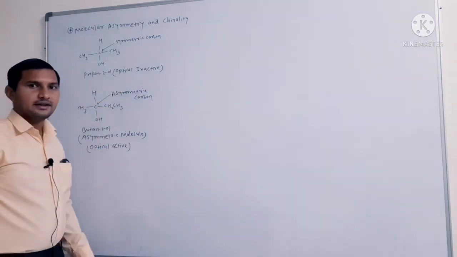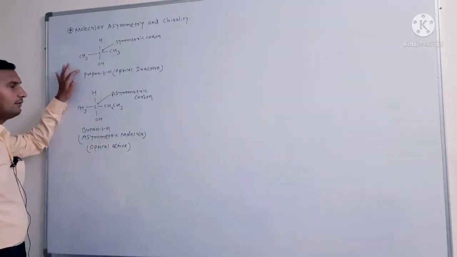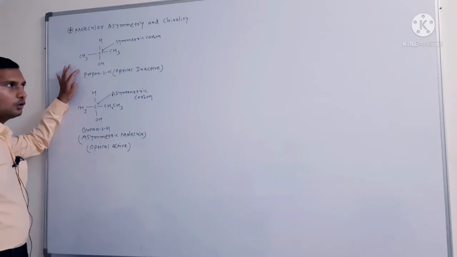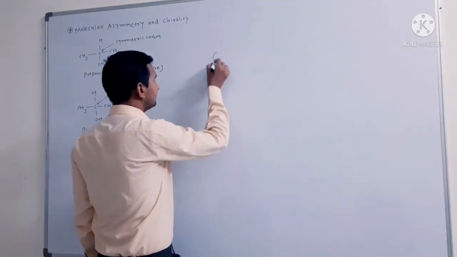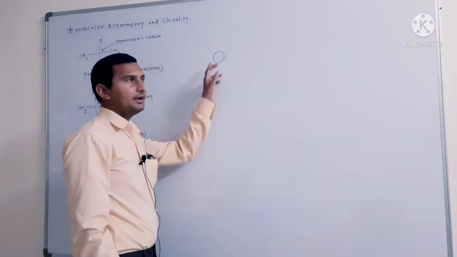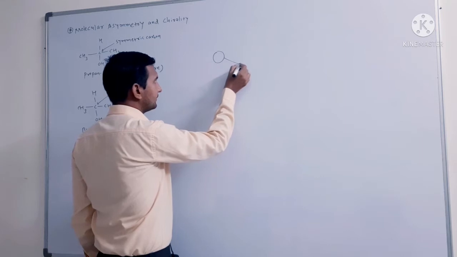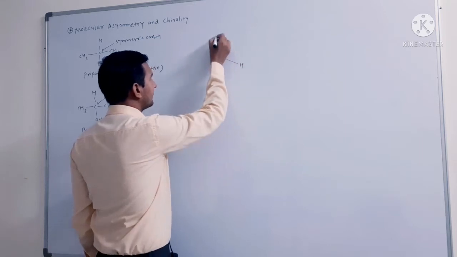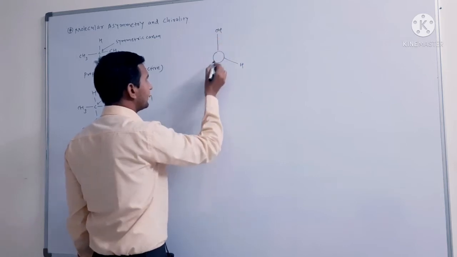We will discuss in detail. First of all, we will start from propan-2-ol. This round indicates carbon. This is hydrogen. This is the hydroxyl group, OH.